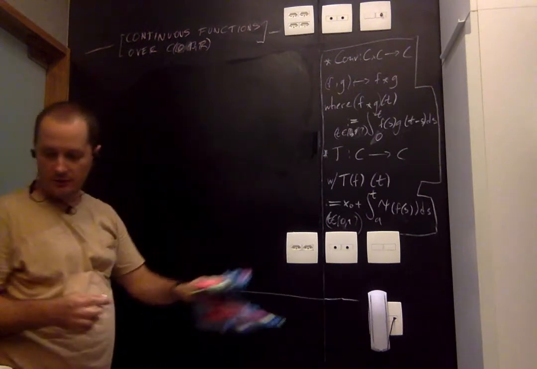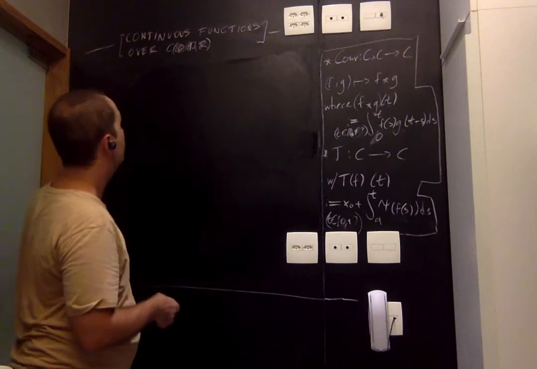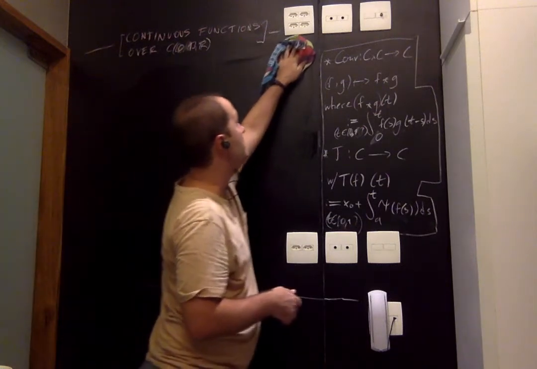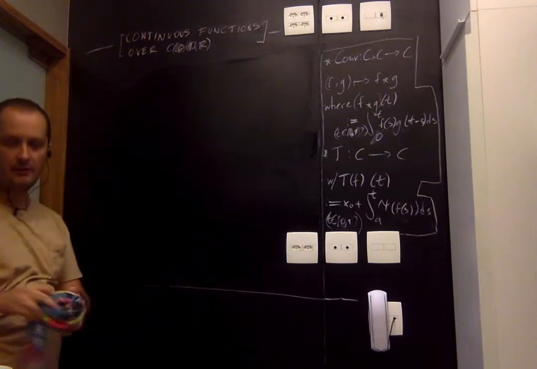So we're going to use a fact that's very important in analysis, which is that a continuous function over a compact interval is uniformly continuous. What do I mean by that?